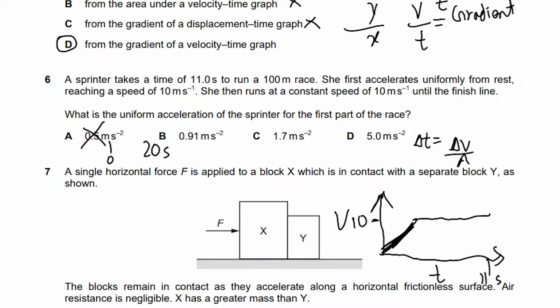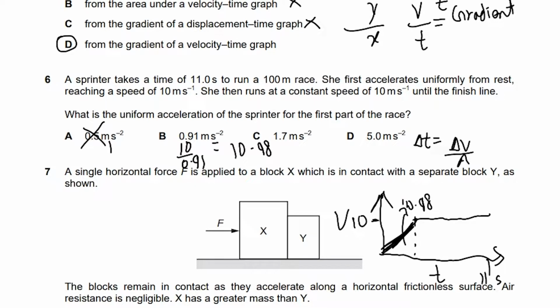Let's check option B. Option B says 0.91 meter per second squared. Now 10 divided by 0.91 is equal to 10.98 seconds, and this means that she took 10.98 seconds for this part.